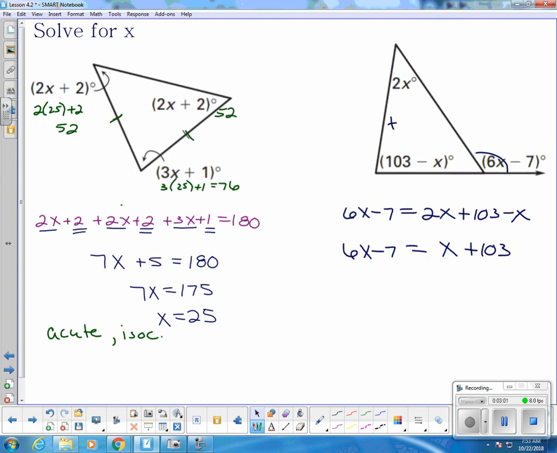You can subtract the x to the left. And you can add 7 to the right. And then you're dividing. So x equals 22.